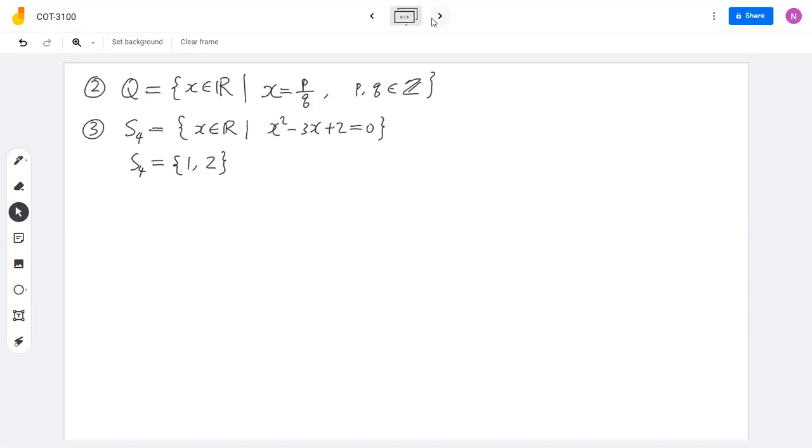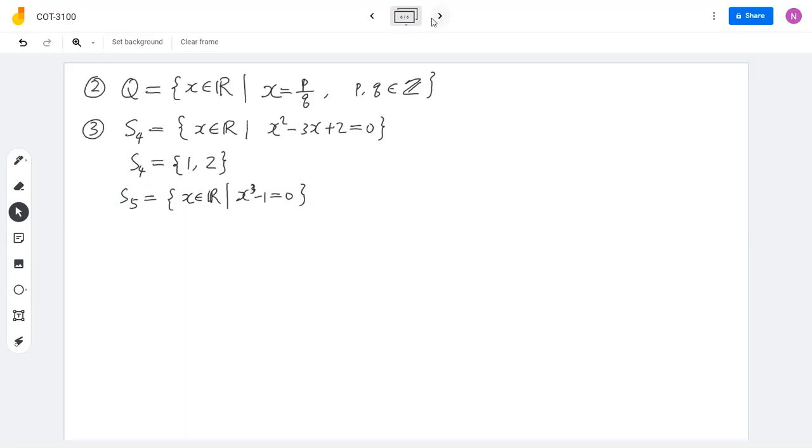And similarly, we can define S5 equals x in R, x cubed minus 1 equals 0. So this set is a little bit tricky. We know x cubed minus 1 contains 3 roots.